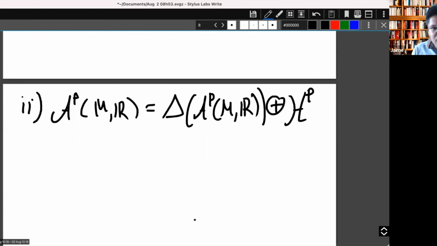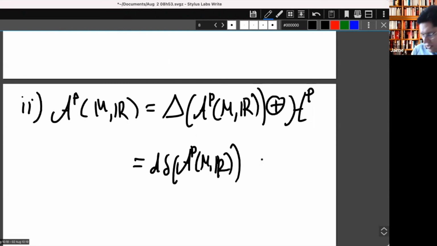Okay, but moreover, since we already know how to write the Laplacian, this is d delta of A^p and R plus, I'm gonna make more space here because I'm gonna need it.